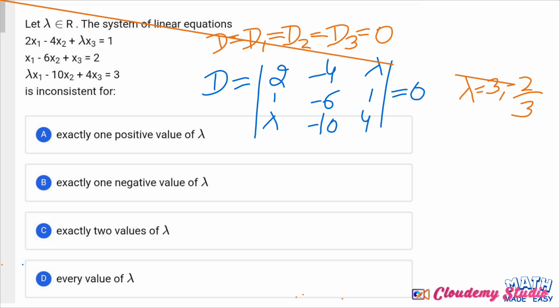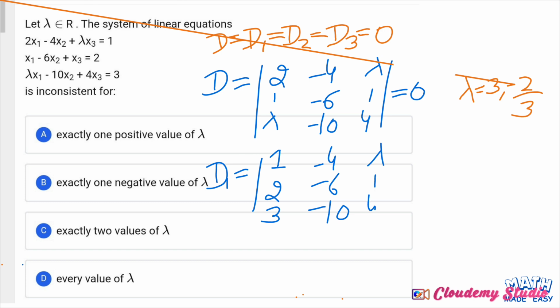Now we have to find d1. So it will be 1 2 3, minus 4 minus 6 minus 10, lambda 1 4, equals 0. Now from here our lambda equals 3.